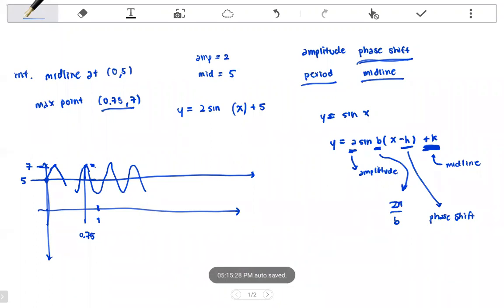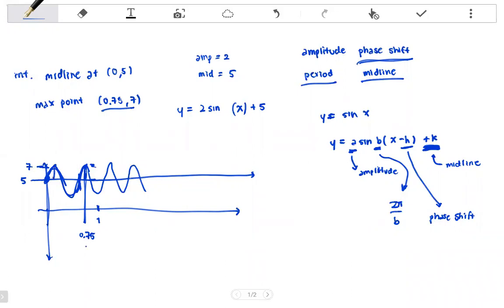So let's try to figure out what our period is. We have a maximum here, 0.75, and we know that we start here. Okay. That means, since sine graphs always start up, it's going to look something like this. Our period actually ends before it reaches 0.75, right?